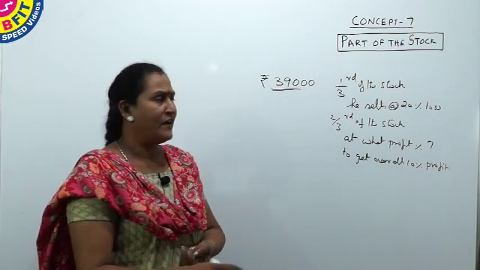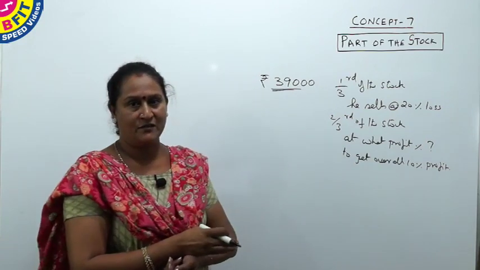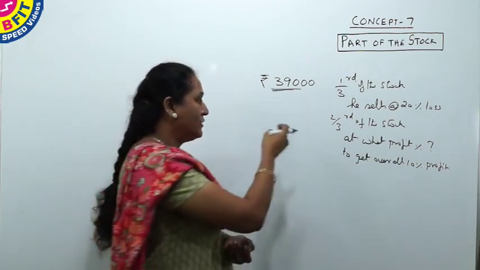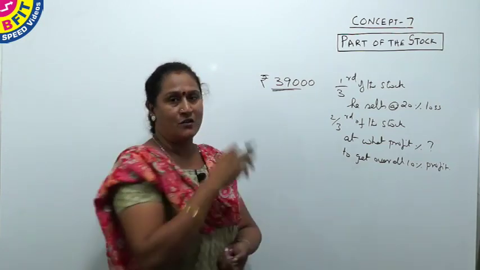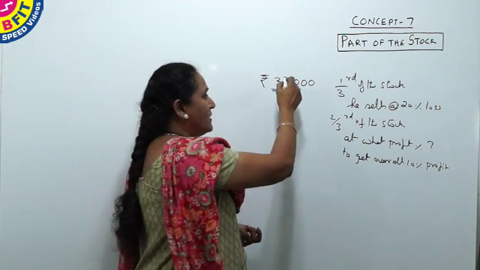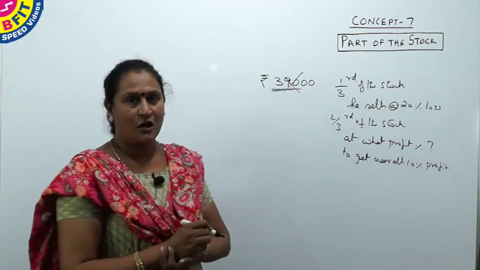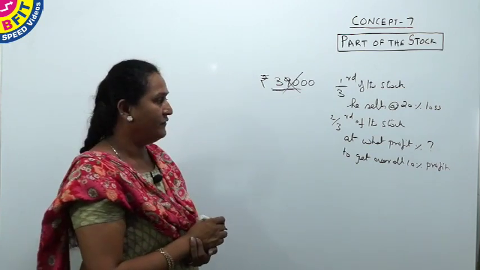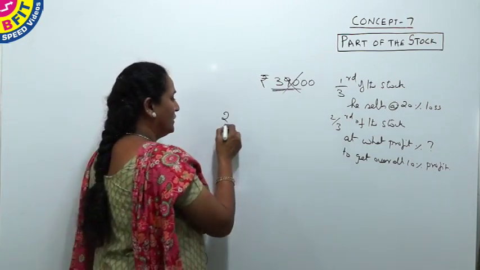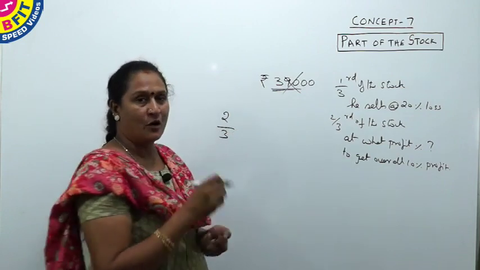Now, instead of finding what is 1/3 of 39,000, that is 13,000, and what is 2/3 of 39,000, that is 26,000, when part of the stock is given, no need to consider the worth of the stock at all. Now with the part of the stock itself we can work out. So 2/3 at what profit percent?